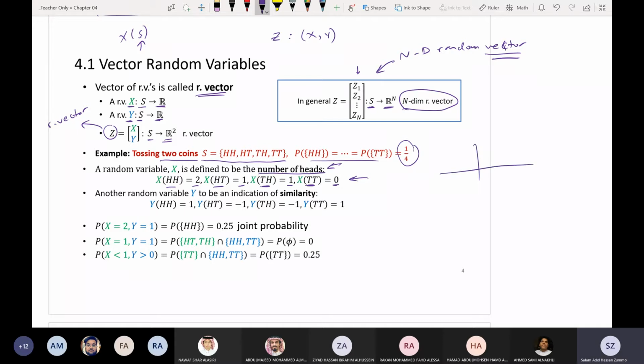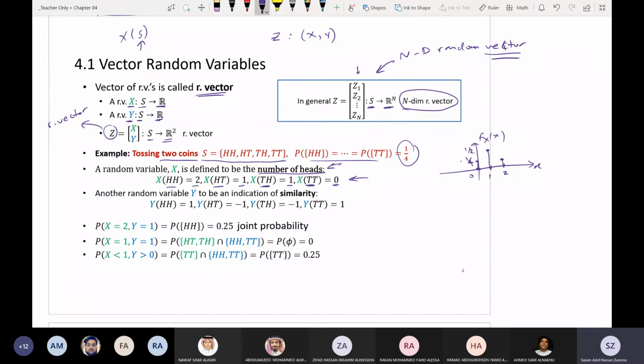And we talked about the distribution of this and so on. Remember, basically you have 0 with 1/4 probability, 1 with half probability, and 2 with 1/4. Remember the PDF of X, and we also plotted the CDF and so on.